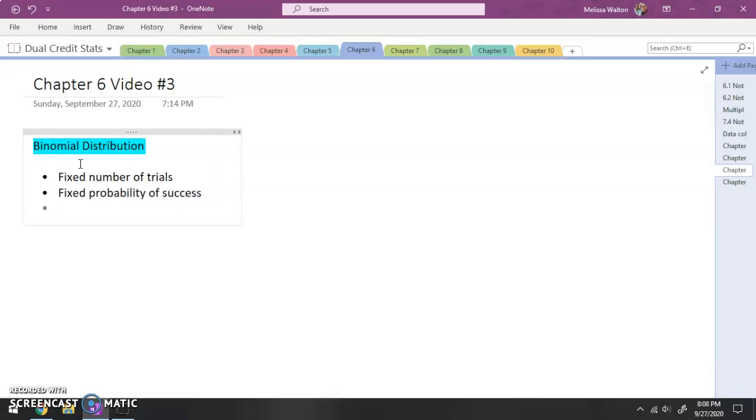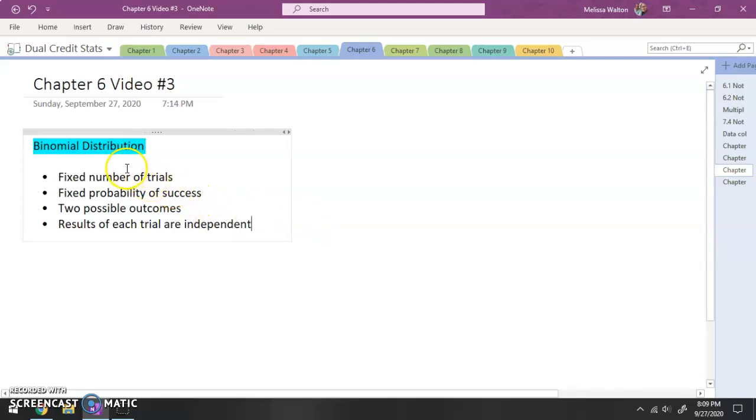And then finally, there can be two possible outcomes. Whenever you see the prefix bi, that typically means two. We have two possible outcomes. And then finally, the results of each trial are independent. Fixed number of trials, a fixed probability of success, only two possible outcomes, and finally, the results of each trial are independent.